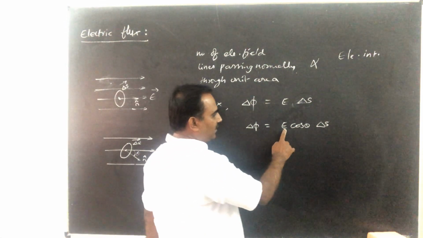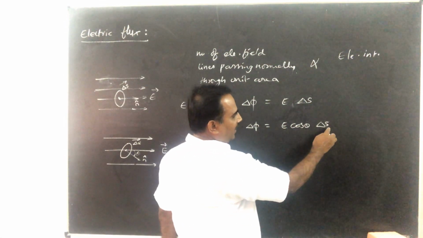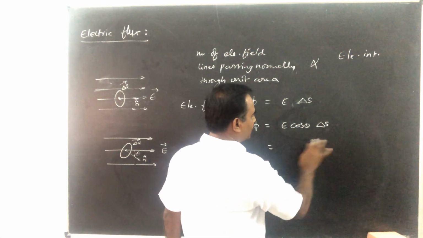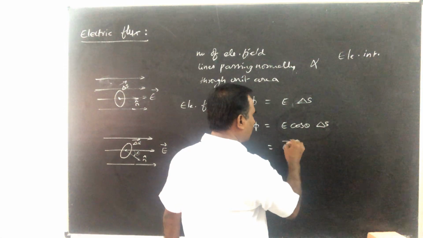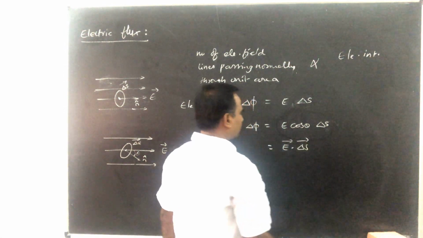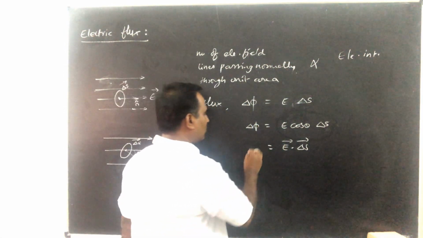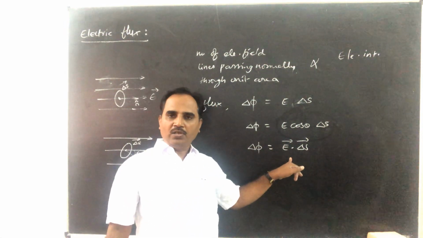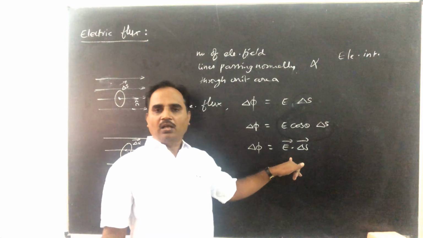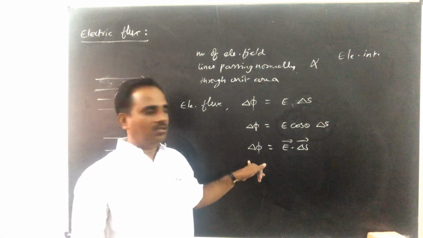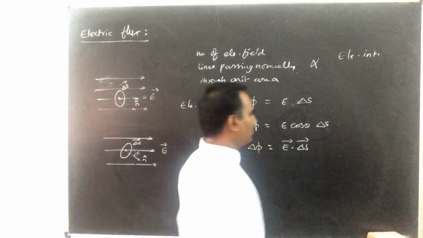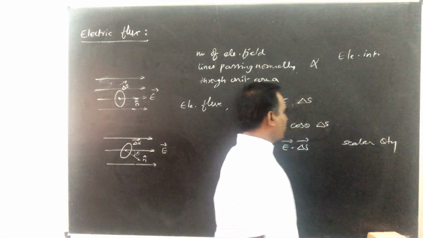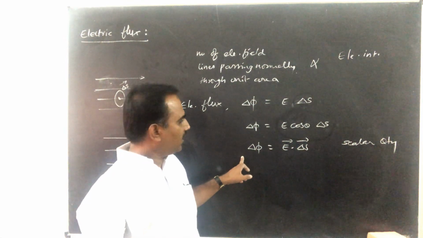So here the electric field is a vector, this area vector is also a vector, therefore this can be written as a dot product of E and delta S. Dot product is always a scalar. That means the electric flux is a scalar quantity.